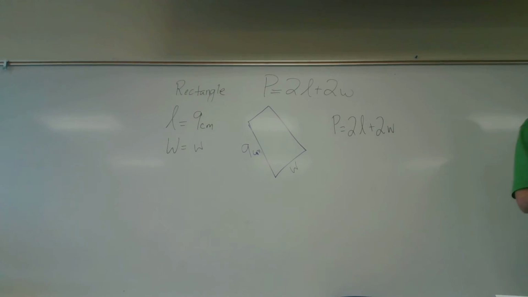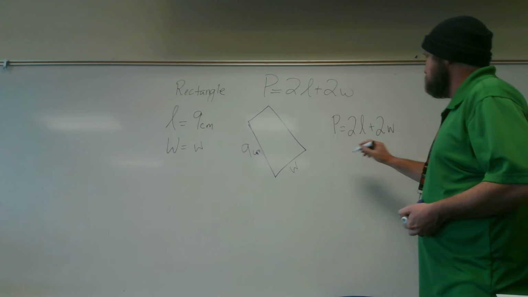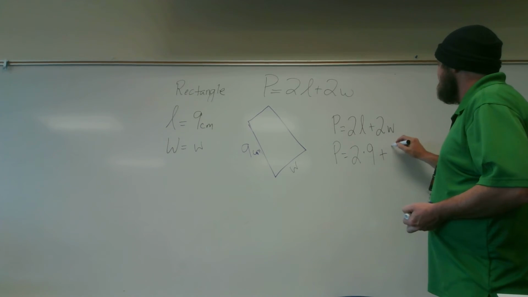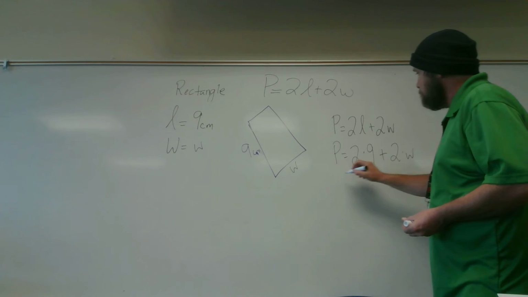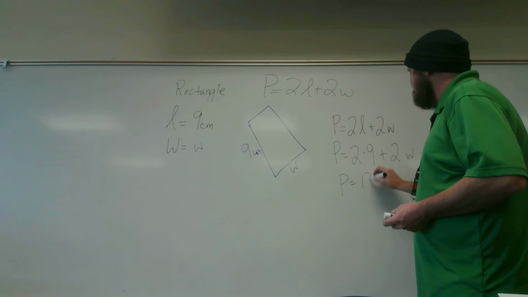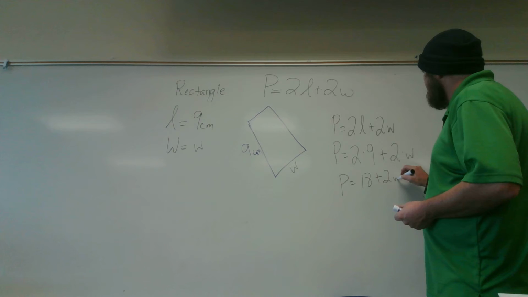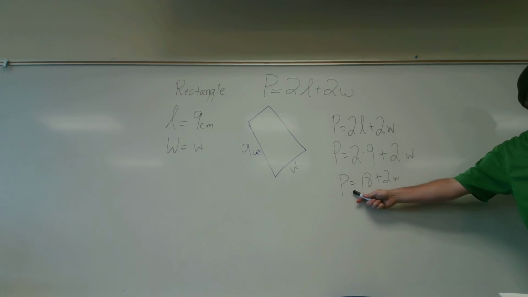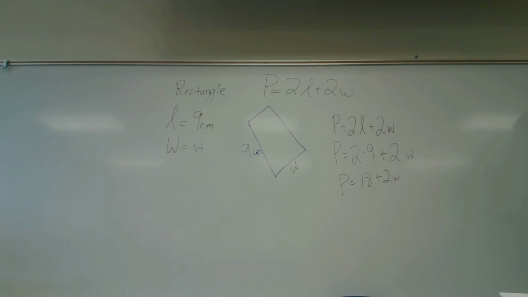It would say, which equation could you use? It would still be perimeter equals 2 times 9 plus 2 times W. Perimeter equals 18 plus 2W. Okay? You're not finding the perimeter. You're just finding the formula that you would use to do the perimeter.